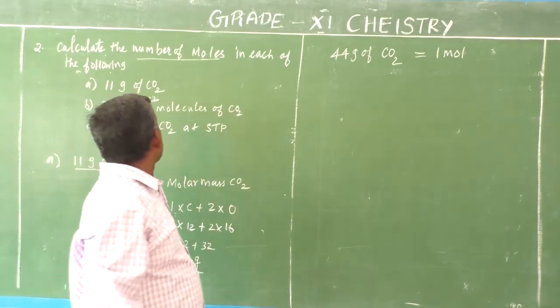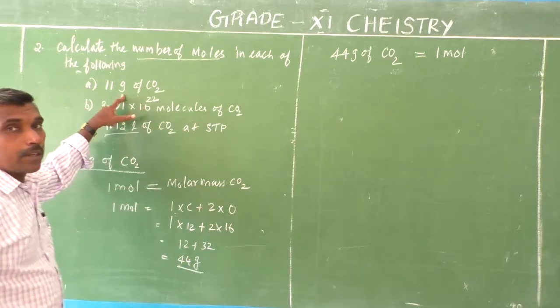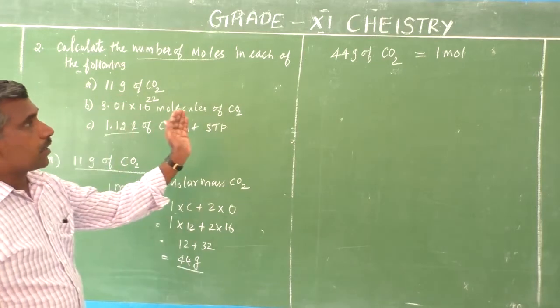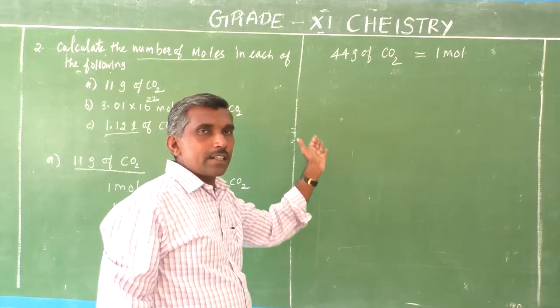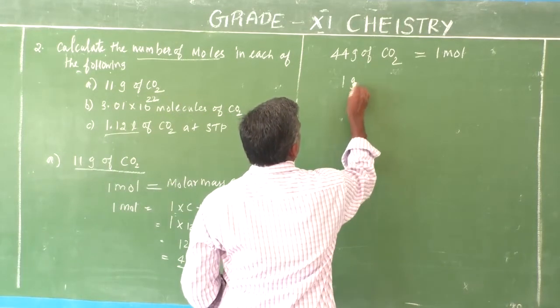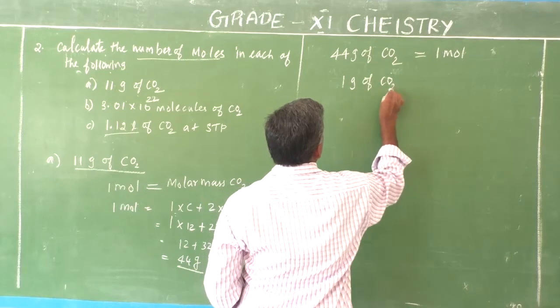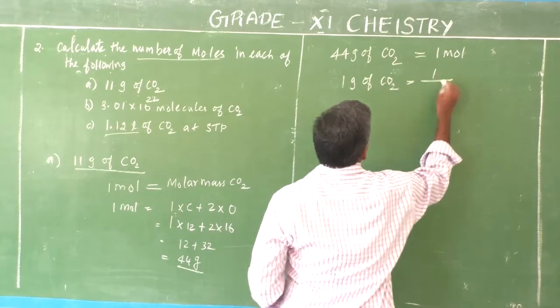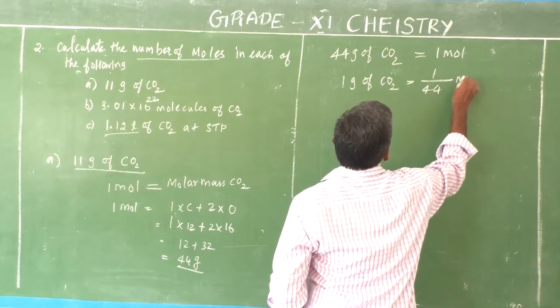Now the question, 11 gram of carbon dioxide. First I will convert to 1 gram. 1 gram of carbon dioxide is equal to 1 by 44 mole.